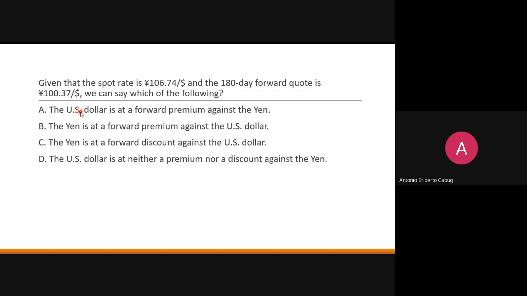The US dollar here is at a discount, therefore the yen is at a premium. If you do not understand, please inform me immediately. Ganun ha. Ang binigay dito yung halaga ng dollar. The dollar is at a forward discount, therefore the yen is at a premium. Please tell me immediately if you didn't understand.